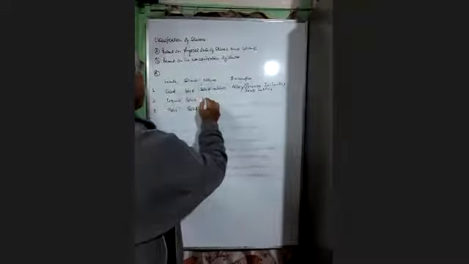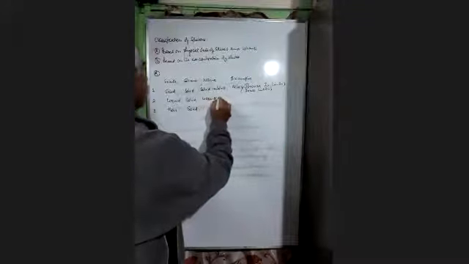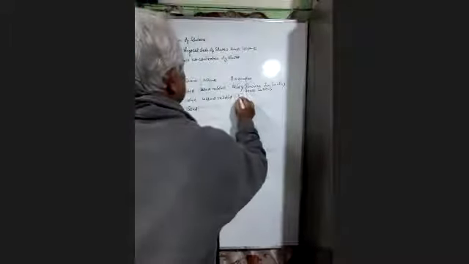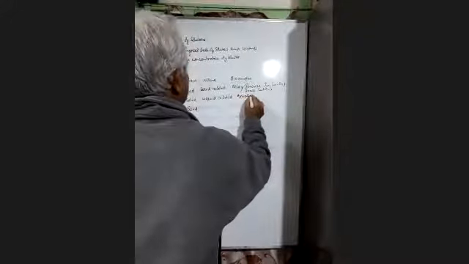Then liquid in solid. Solute is liquid, solvent is solid. So what should I write now here? Just now I gave you the example of dough that you make with water. Have you heard the name of this one?